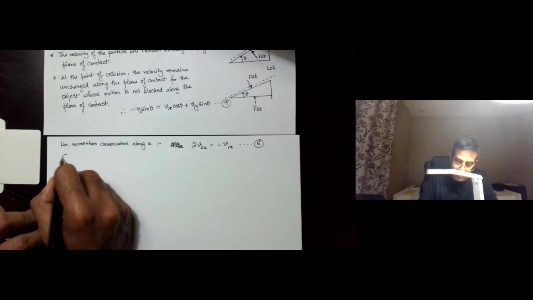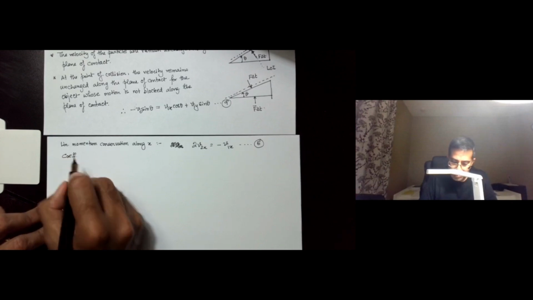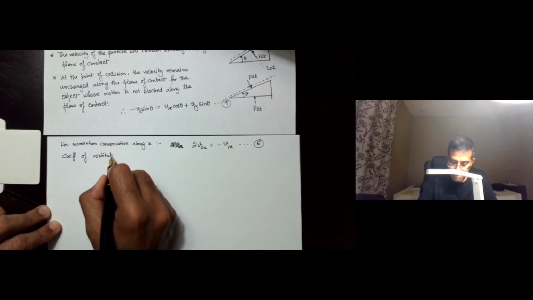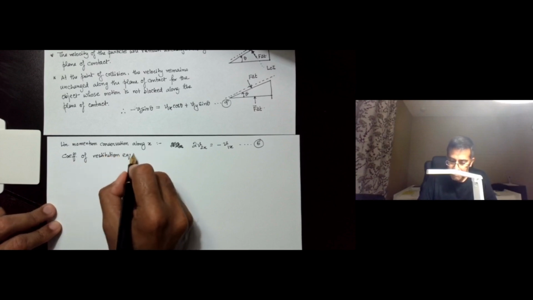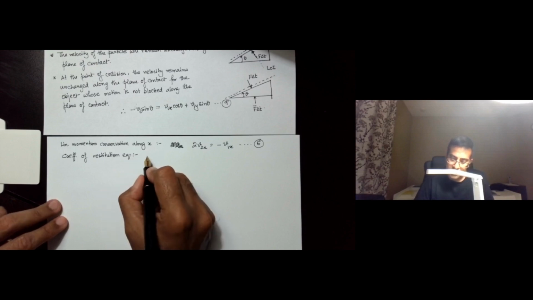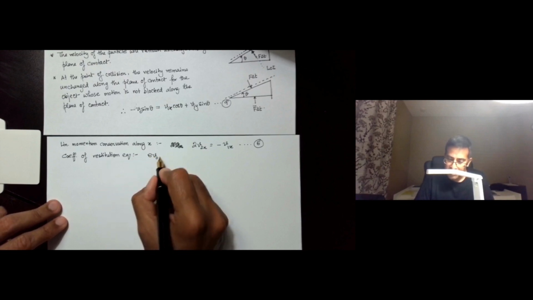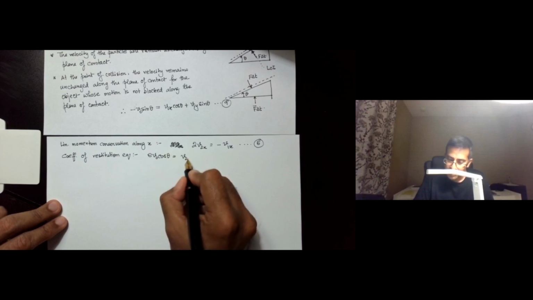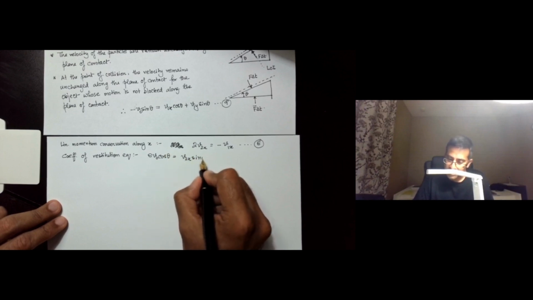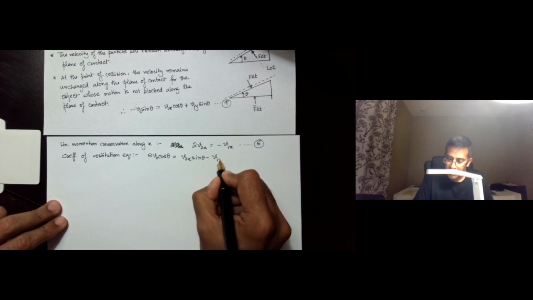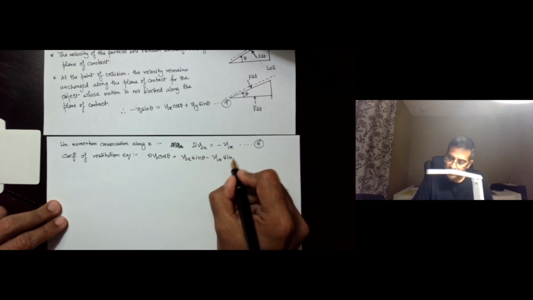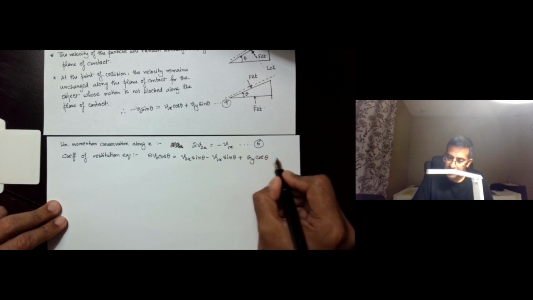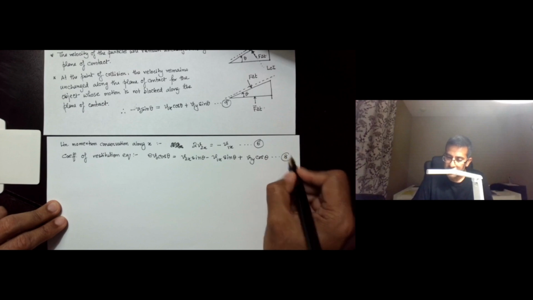Okay, then we had the coefficient of restitution equation. And this equation is E v0 cosine theta is equal to v2x sine theta minus v1x sine theta plus v1y cosine theta, and this was our equation 8.